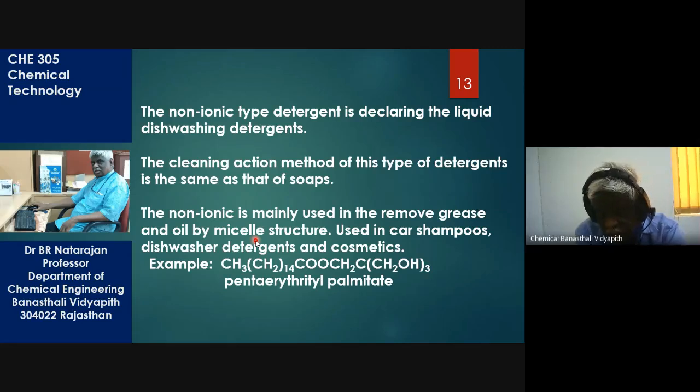So that concentration is known as CMC, critical micelle concentration. Now, if I increase the soap beyond the CMC value, then where will the hydrophilic part go?